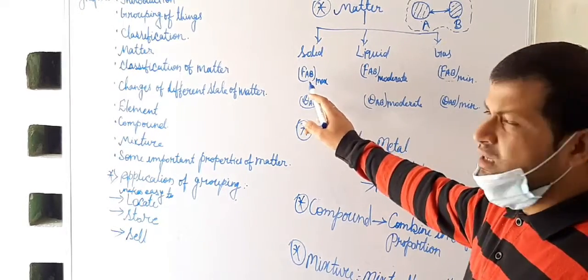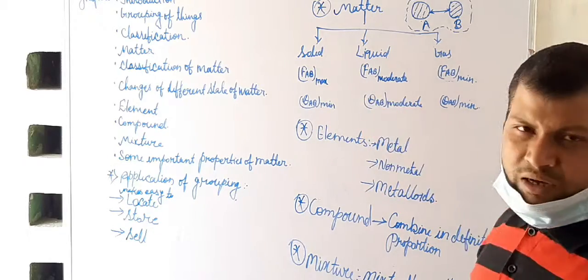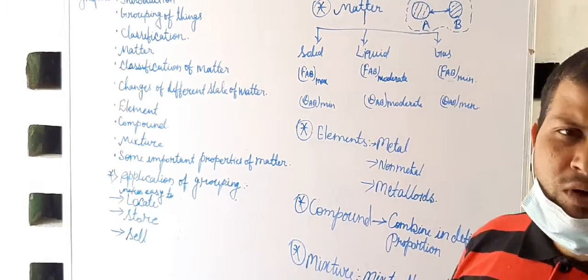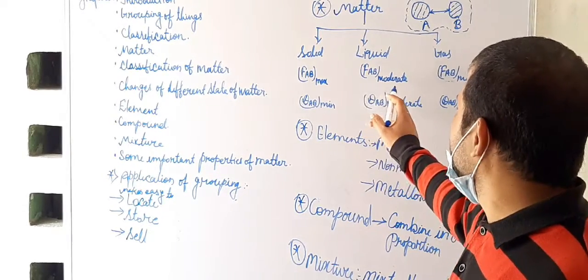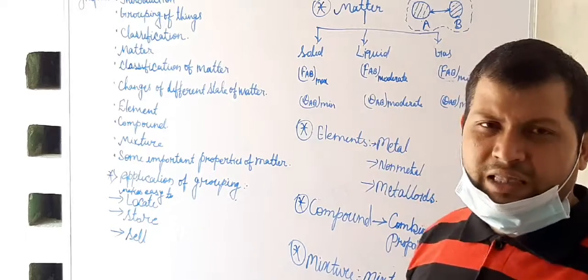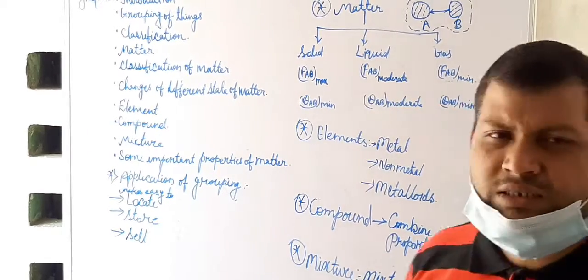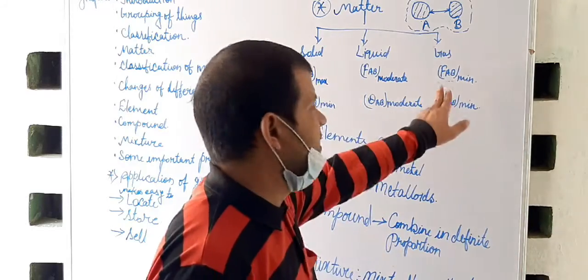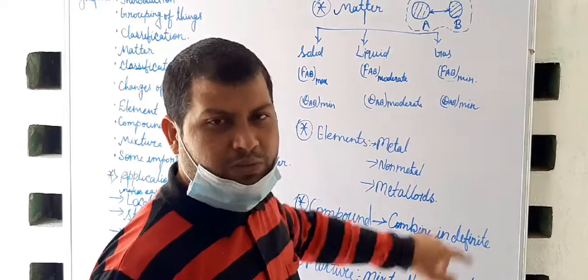That's why I have written here FAB is maximum. After that, in a liquid, the intermolecular force of attraction is moderate, neither more nor less. And in the gaseous state, the intermolecular force of attraction is minimum. That's why I have written here FAB is minimum.